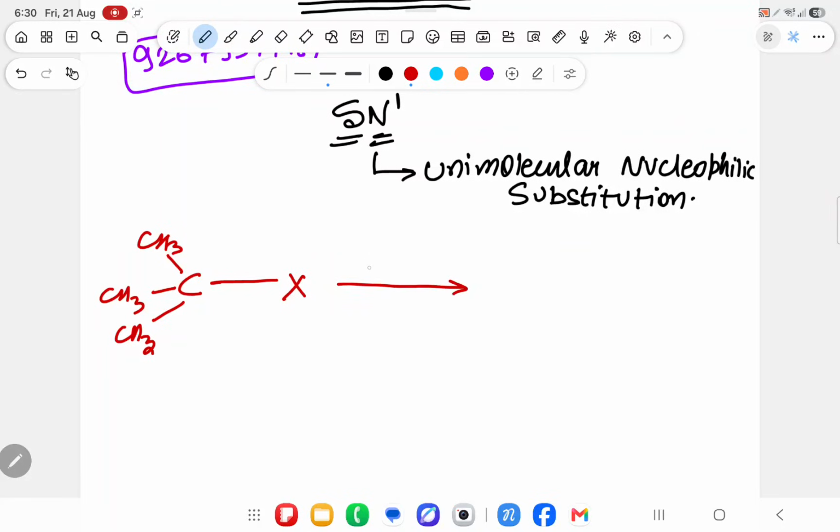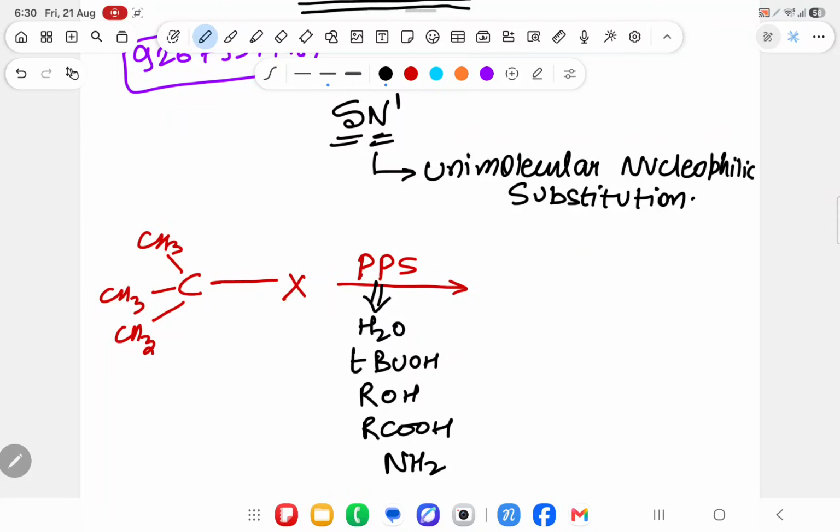Over here you will use polar protic solvent. What are the polar protic solvents? Like H2O, like TBuOH, anything that has H on an electronegative atom. I am writing this example, but you can make lots of examples.